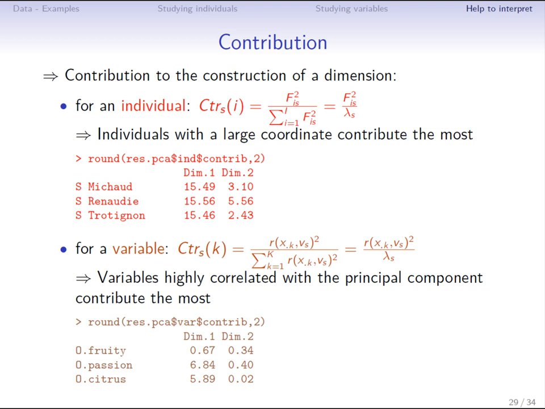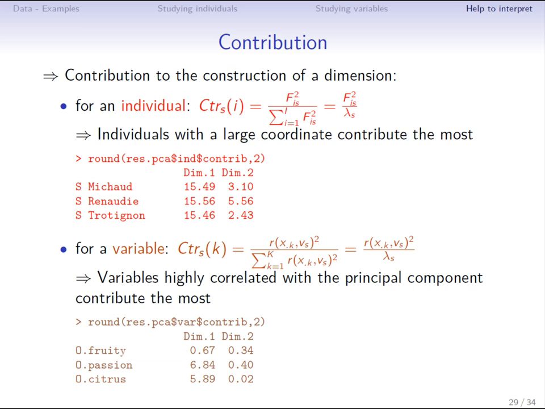It will tell me if there is a variable that contributes significantly to the construction of the map. The contribution of an individual is the square of the coordinate of the individual on the dimension divided by the sum of the squares of the coordinates of all individuals. These contributions are expressed as a percentage.